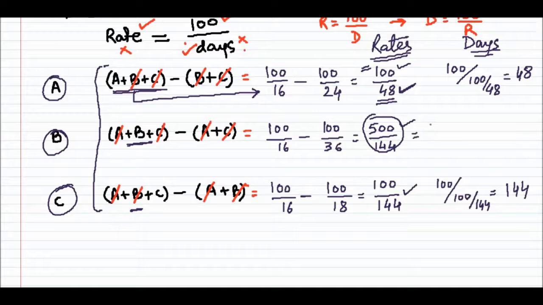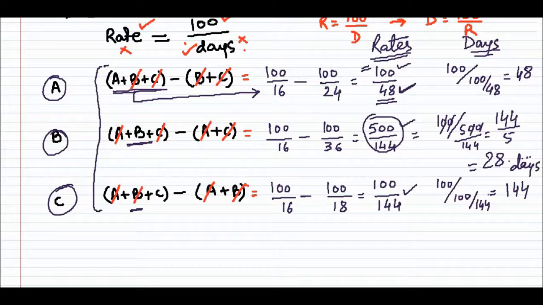And now comes this one. I can solve it in this fashion: 100 divided by 500 upon 144. So simply if I solve it, I will find, without any drama, let's write it. It will give you somewhere 28 point something something.